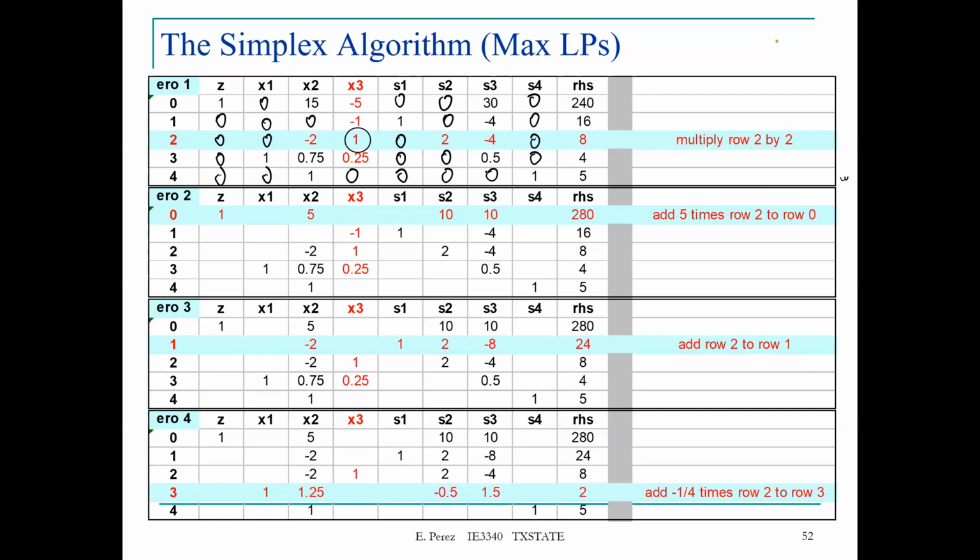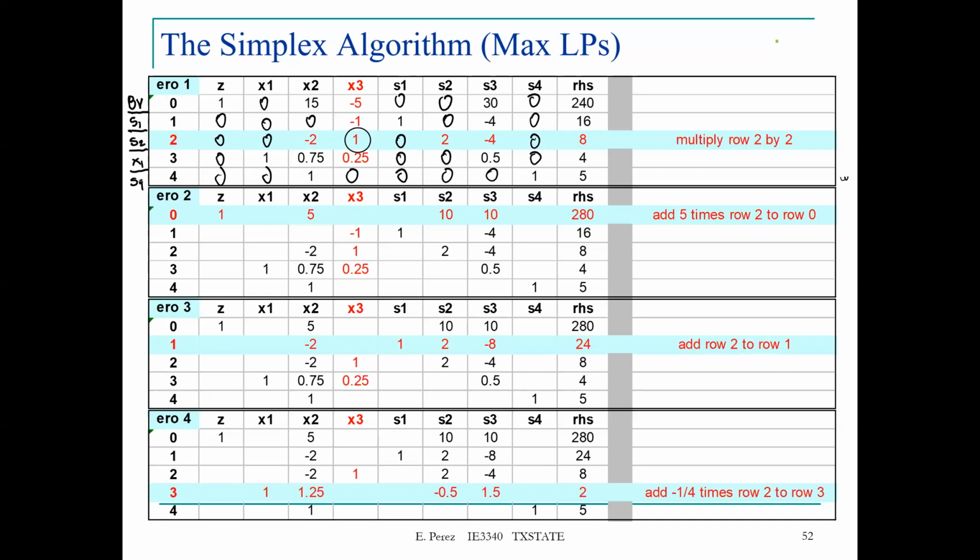Based on what we just discussed, we can look at row 0 and identify that the basic variables at this point are s1, s2, x1, and s4.